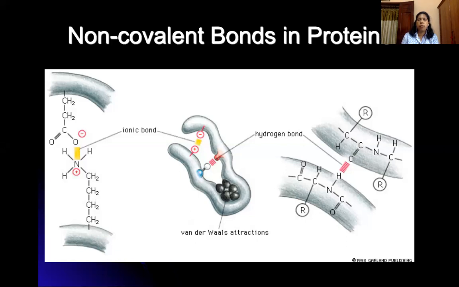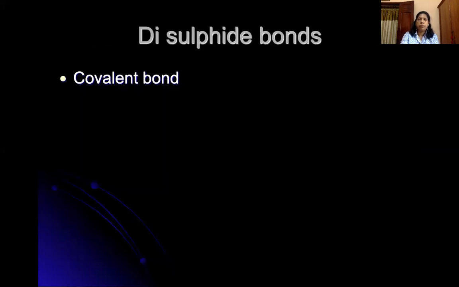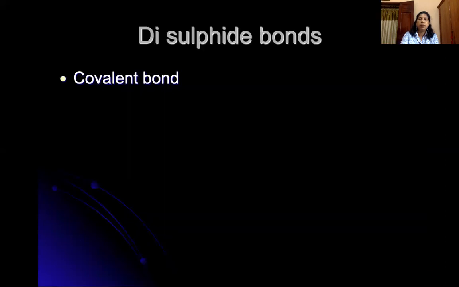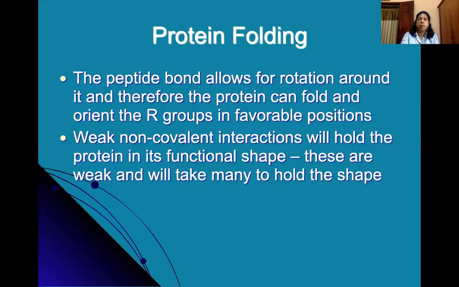In these two pictures on the left-hand side and right-hand side, you can see how hydrogen bonds are formed between the C double bond O and the NH. N and O may also show ionic bonding. Not only that, disulfide bonds are also formed, as a covalent bond.